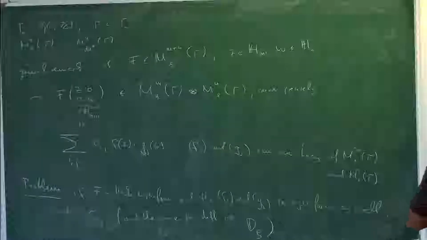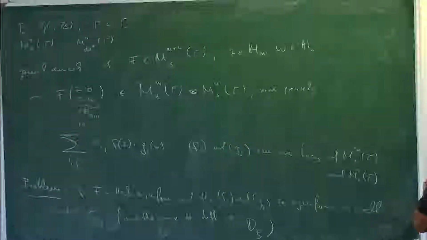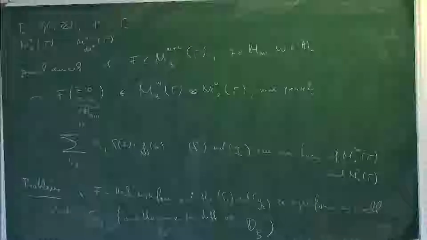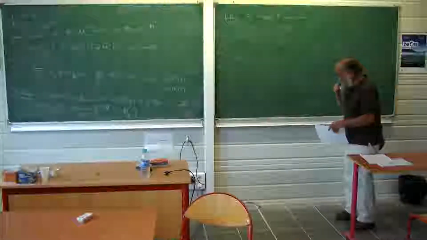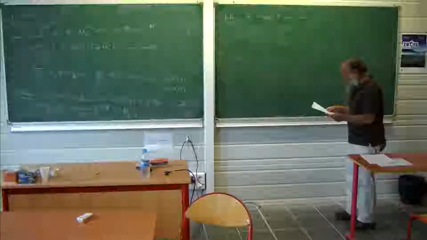So today F will always be Siegel Eisenstein series. This is among the modular forms which I constructed last time, or maybe in my second talk, no, maybe third talk.